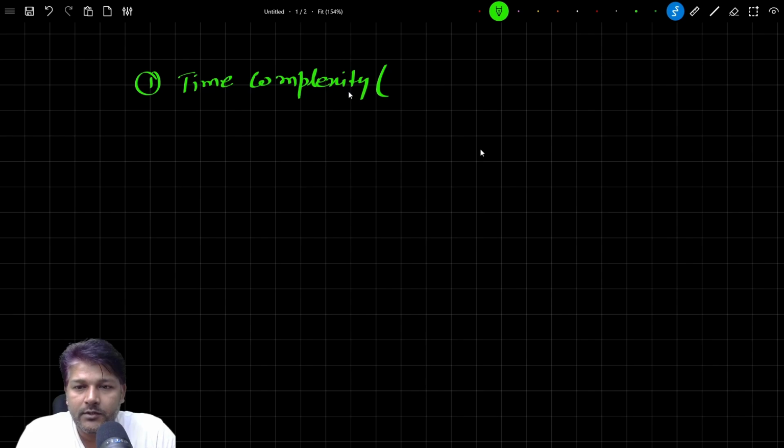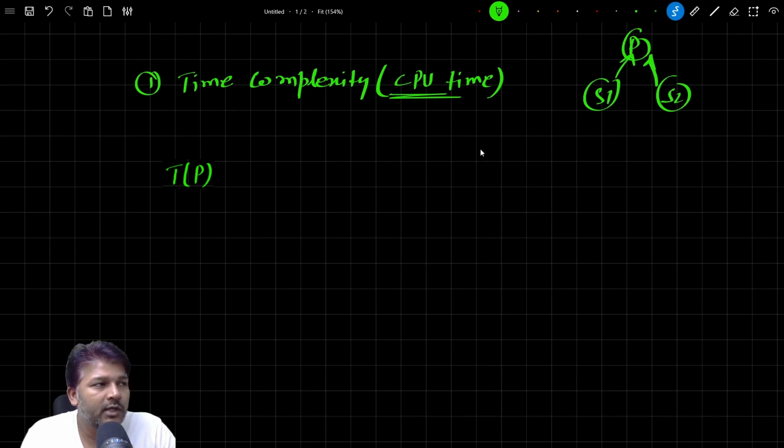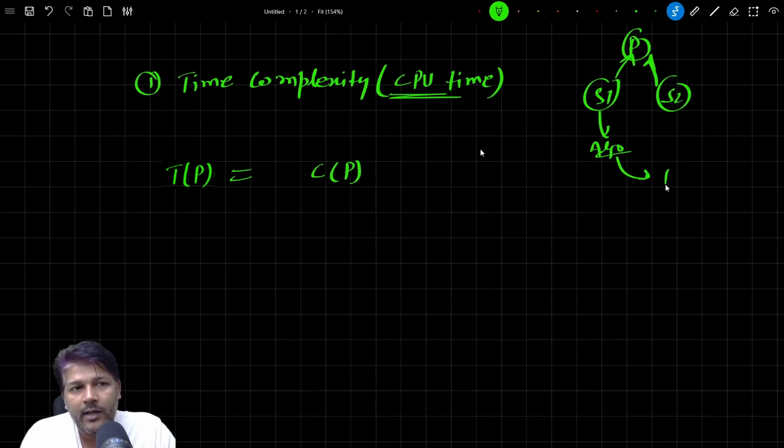Now the first parameter, that is time complexity, that means CPU टाइम। जो हमारा S1 एल्गो और S2 एल्गो फॉर द प्रॉब्लम P, ये CPU टाइम कितना कंज्यूम करेगा। ओके, सो CPU टाइम क्या होना चाहिए? CPU टाइम फॉर द प्रॉब्लम P, व्हाट वी कैन से कंपाइल टाइम ऑफ दैट प्रॉब्लम, मींस व्हाटएवर दिस S1 इज एल्गो, right? To implement this algo, you will use some programming language, and every programming language is nothing but a compiler.